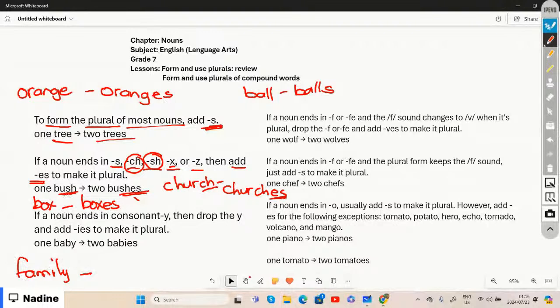So if we were to refer to more than one family, we're going to drop the y and add the ies. So we drop the y and we're going to add IES, which means that now I say I have one family, but I actually have more than one. Families refers to more than one family.